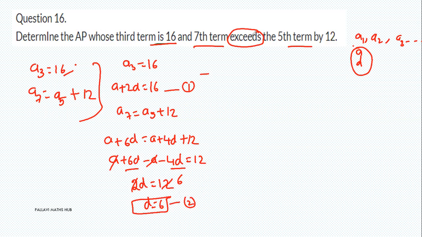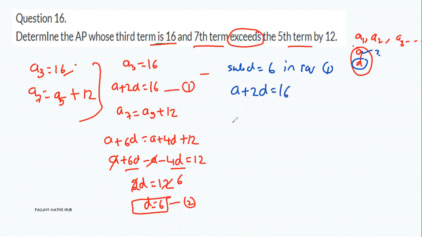Now you need to find out the value of A. Yes, you got the D value, but A is a question mark, right? So substitute D is equal to 6 in equation 1. Equation 1 is A plus 2D is equal to 16.